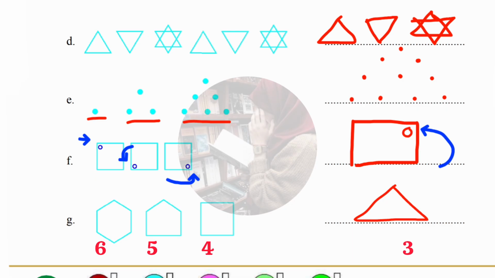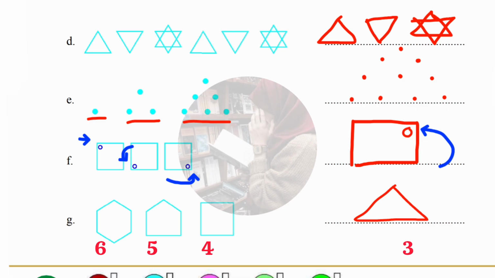Understood? Let's see the last picture, which is first a hexagon, then a pentagon, then a square, means 6 points, 5 points, 4 points, and then our answer will be 3 points, which is a triangle. Understood guys? Okay, thank you so much.